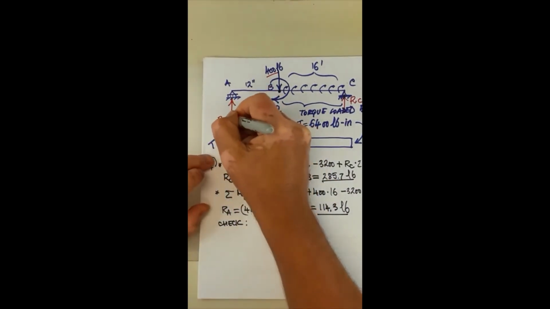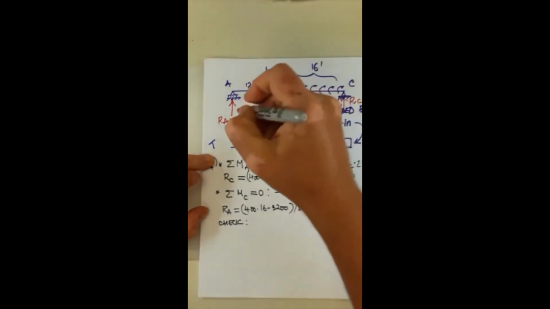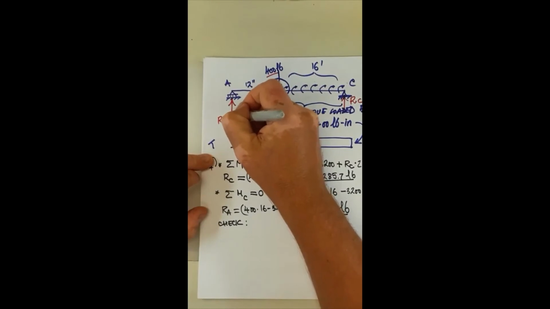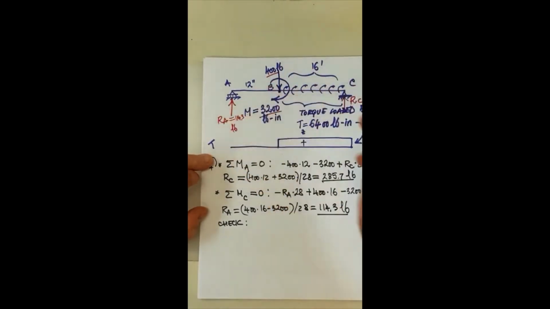So first one, RA is 114.3 pounds, and then RC, we got it early, it's 285.7 pounds.